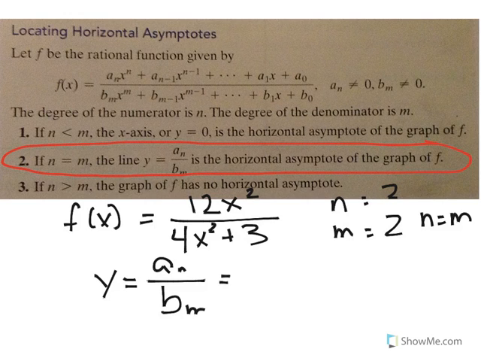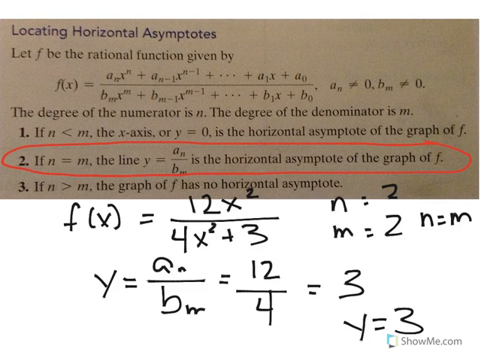What is our a here? 12. What is our b? 4. Simplify that, 3. So the equation of the horizontal asymptote is y equals 3. That's our answer. And then, if n was greater than m, the graph would just have no horizontal asymptote.